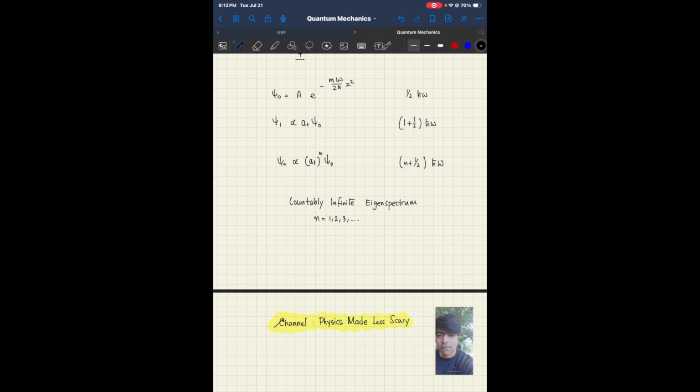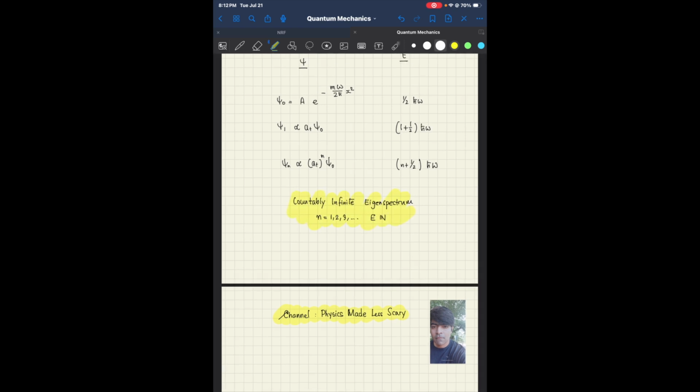These are natural numbers, right? So this is your eigenspectrum for the simple harmonic oscillator given by this line.